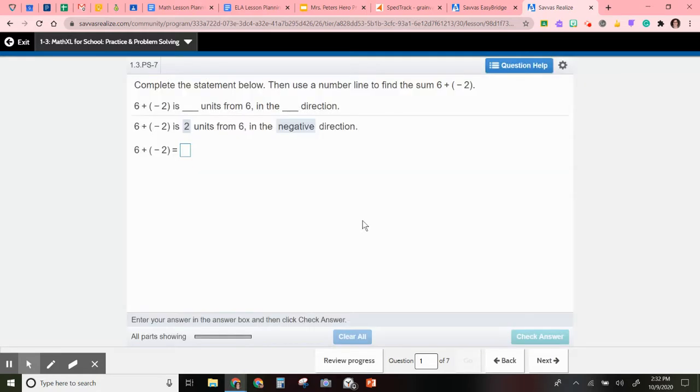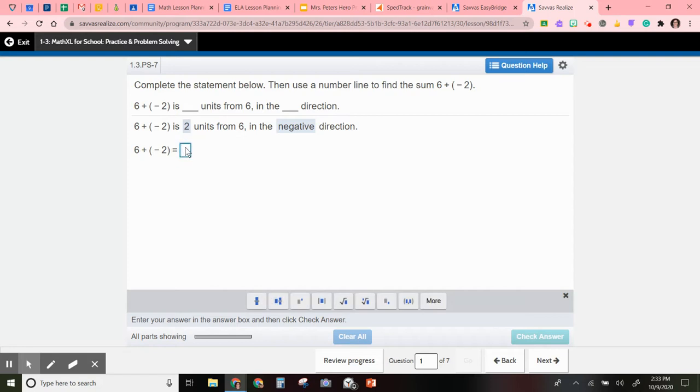All right. So then 6 plus -2, our rules of adding integers tell us that when we have 2 different signs, because we've got a +6 and a -2, we are going to subtract. So 6 minus 2 is 4.